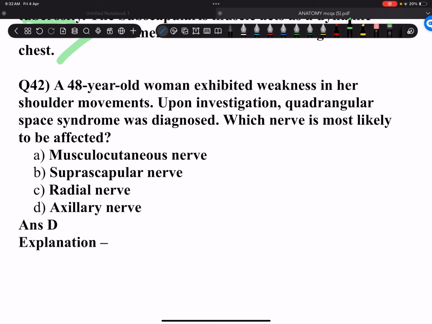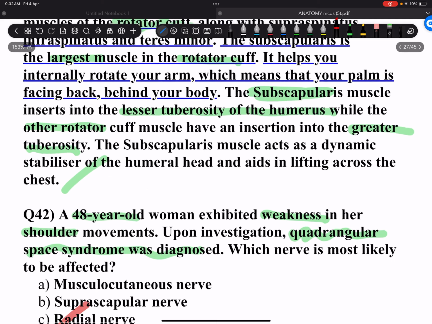Let's come to the second question, question 42. A 48-year-old woman exhibited weakness in her shoulder movements. Upon investigation, quadrangular space syndrome was diagnosed. Which nerve is most likely to be affected? Let me know the answer. Yeah, answer D, axillary nerve.